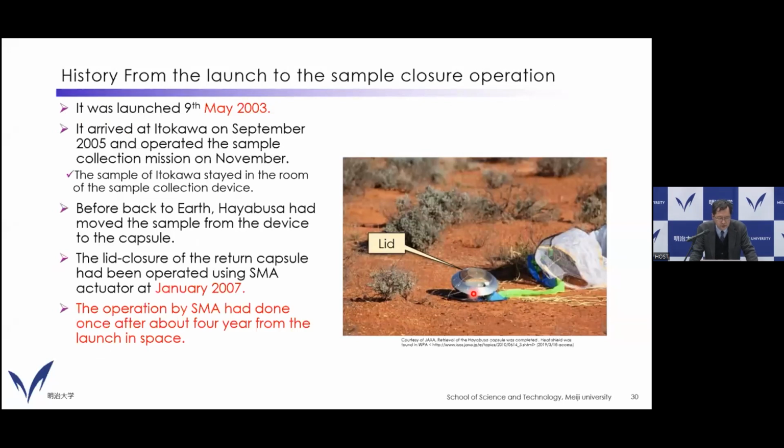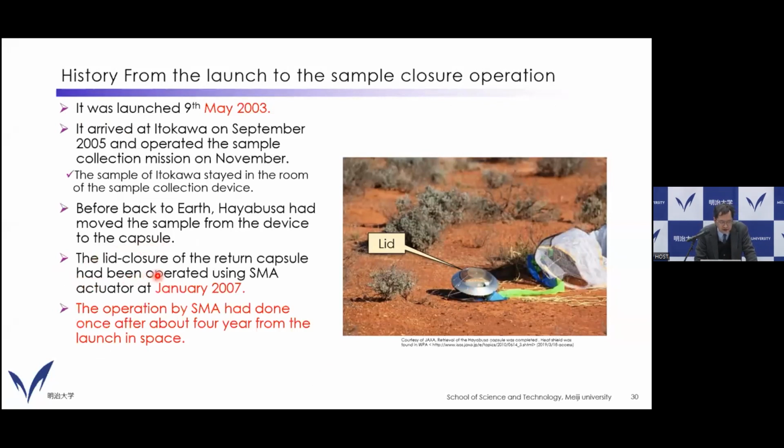So, a history from the launch to the sample cup closure operation. It was launched on 9th May 2003. Hayabusa arrived at Itokawa in September 2005 and carried out the sample collection mission in November. Before coming back to Earth, Hayabusa moved the sample from the device to the capsule.